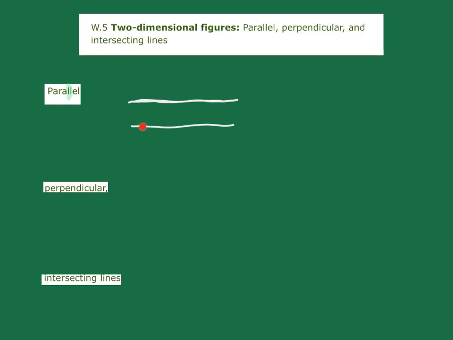These 2 lines, no matter where I measure, are the same distance from each other. They just keep going on forever, always the same distance. They will never cross. So whether you think about train tracks, how they never really cross, they always just go on forever without crossing each other. That's fine. There's the 2 L's in parallel. That helps me remember because there's like a parallel line in there already.